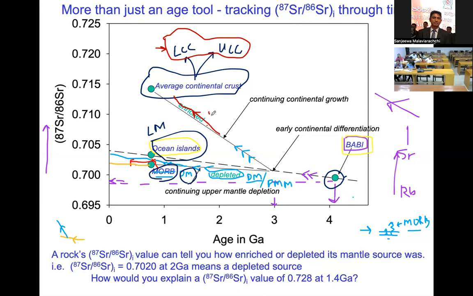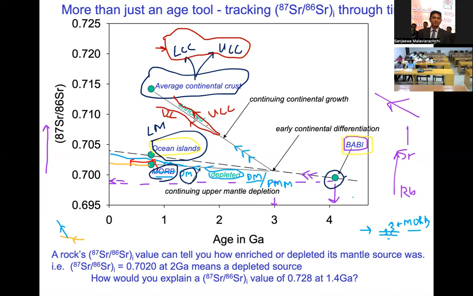So then you can name UCC here, the UCC evolution line, and the LCC evolution line a little down there, with an average line in between, but the lower continental crust will be evolving a little depleted like this. Average line, then the lower continental crust line and the upper continental crust line.